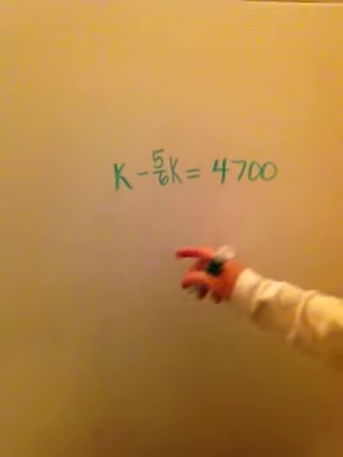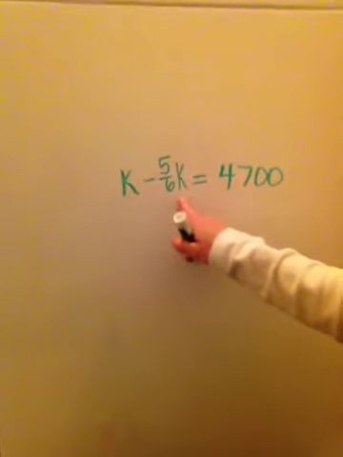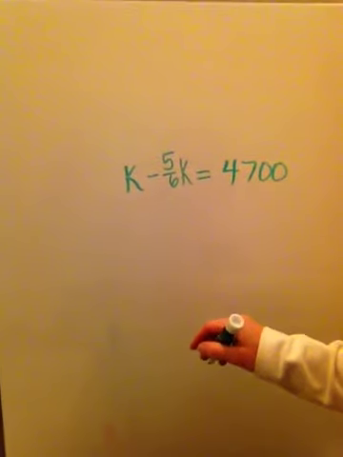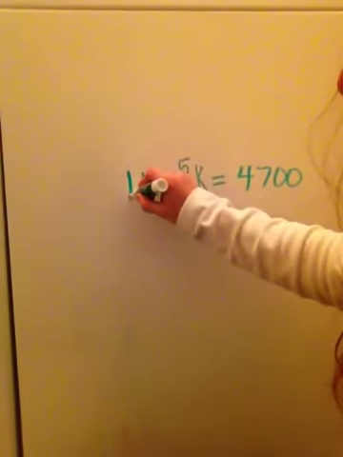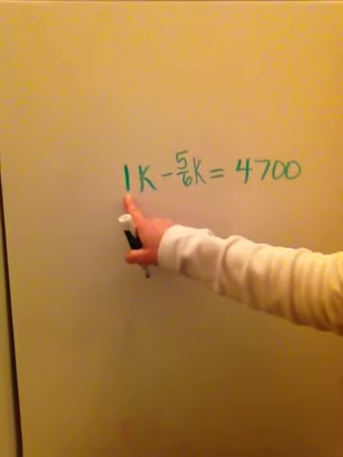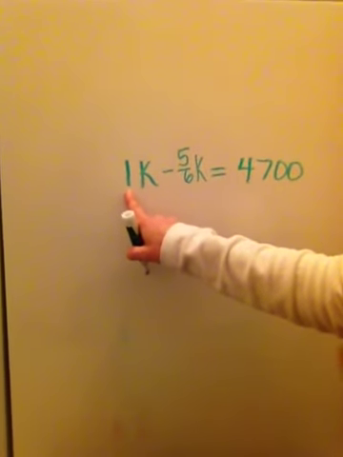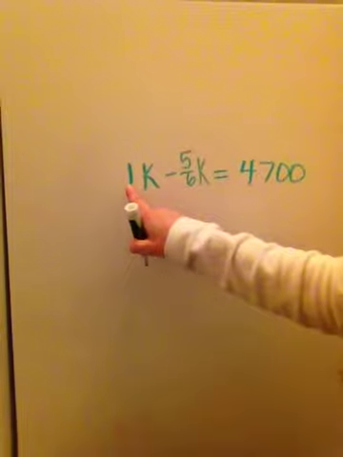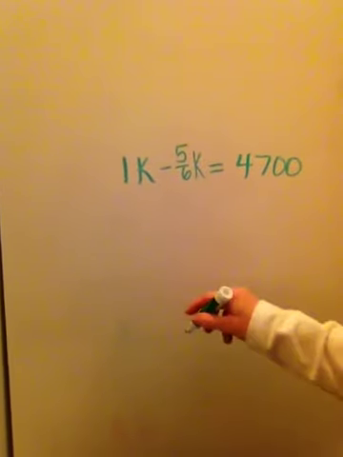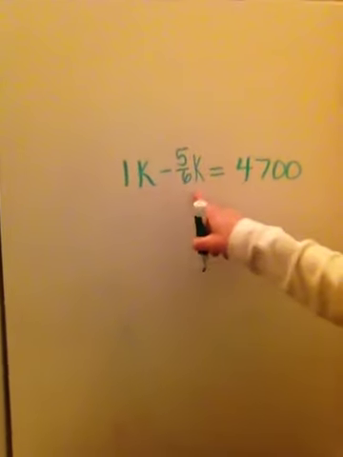So now you just have K minus 5/6 K equals 4,700. So again, remember, if you need to, you can write the 1 coefficient for a variable. So essentially I'm doing 1 minus 5/6. Just think of this like an x. If I had 2x minus 1x, you would say I'd have 1x. If I had 8x squared minus 2x squared, I would have 6x squared.